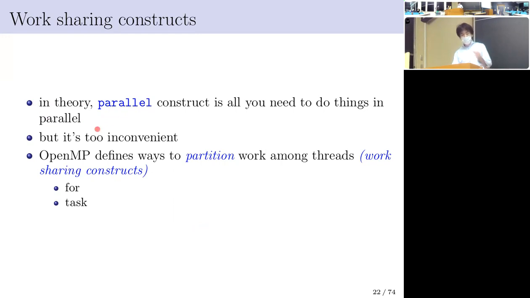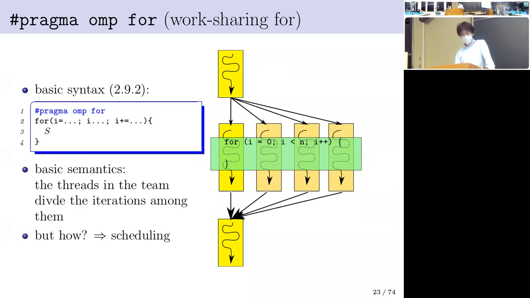But you can easily realize that it's very inconvenient. So OpenMP defines several ways to partition some amount of work among threads. They are generally called work sharing constructs. I'm going to get into two work sharing constructs. One is the for pragma, and the other is the task pragma.